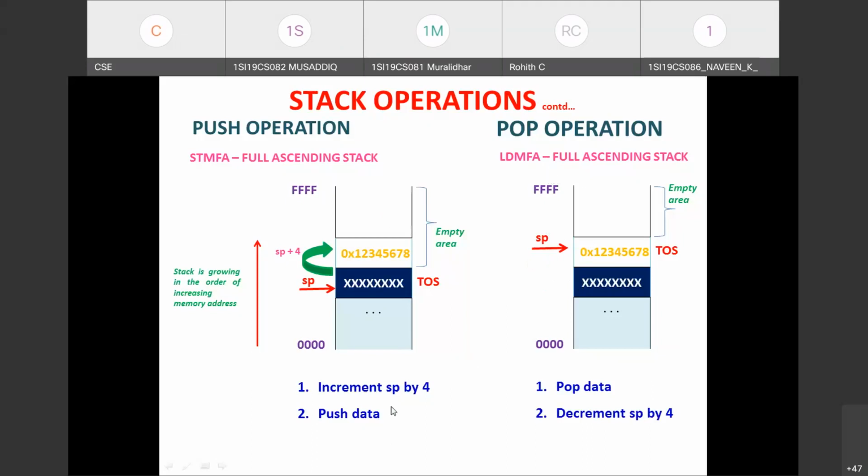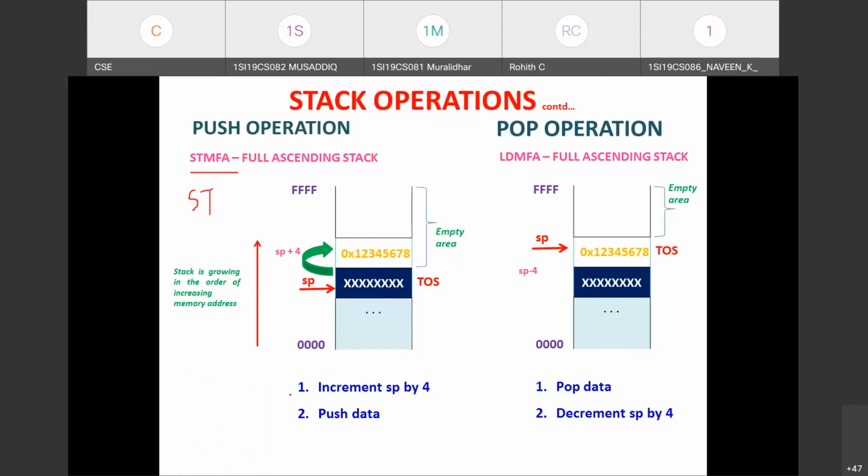Hope this is clear. With STMFA, increment first and then push the data. So what are the equivalent instructions you are using? If it were STMFA and LDMFA, can anyone tell the equivalent STM and LDM instructions? For this, what is the equivalent STM instruction?